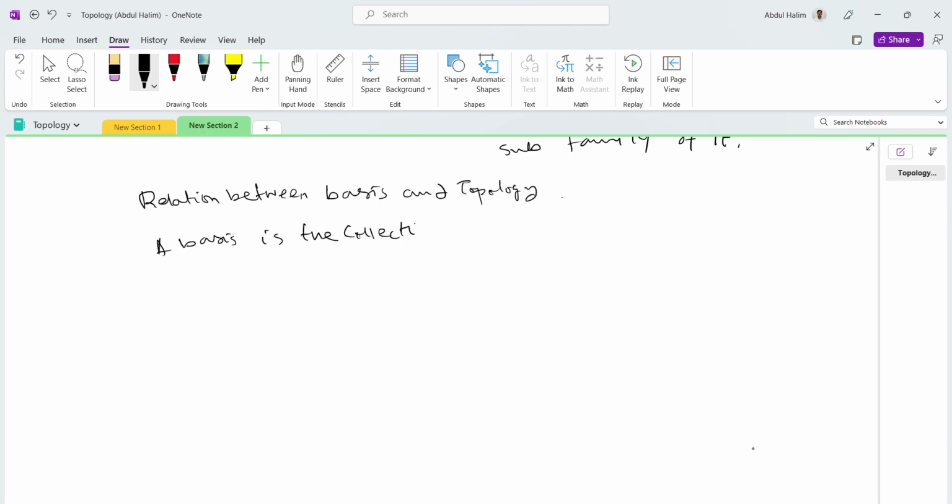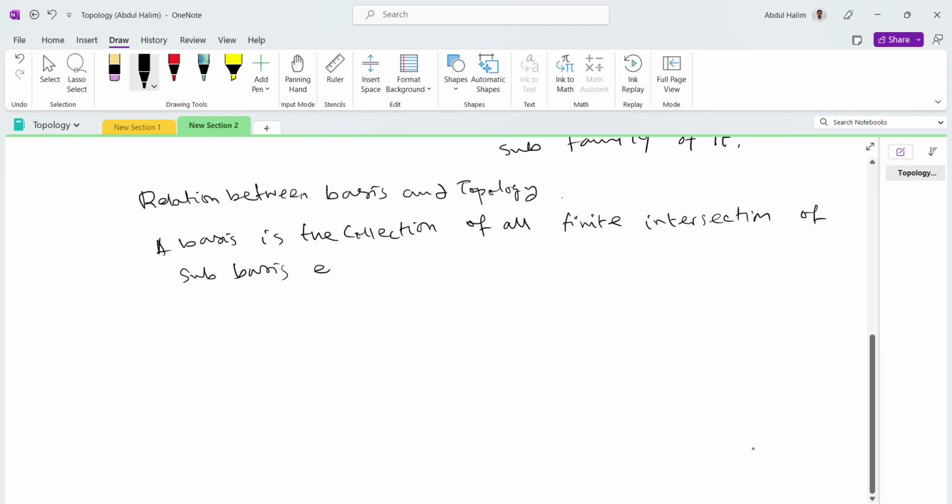A basis is the collection of all finite intersections of subbasis elements.